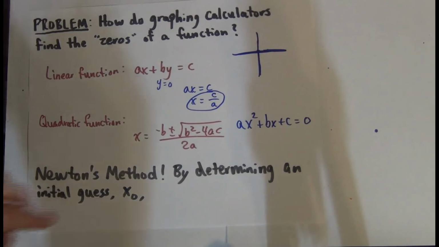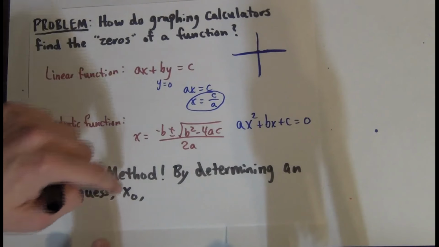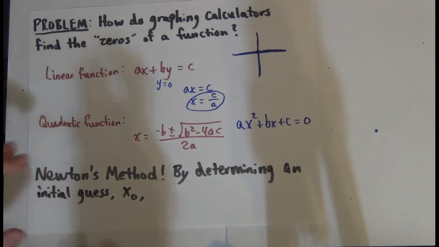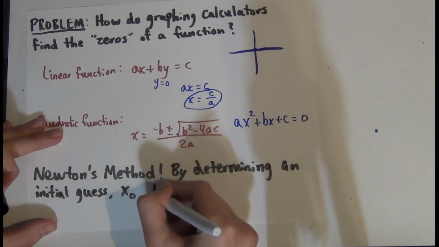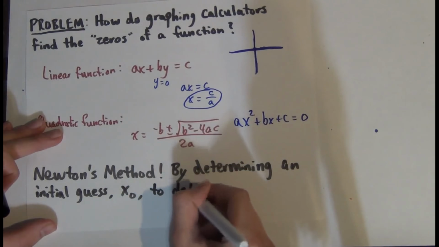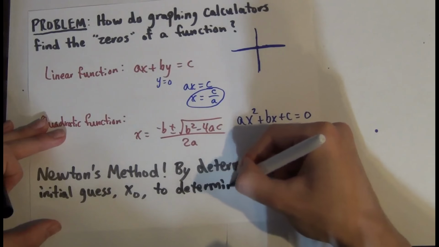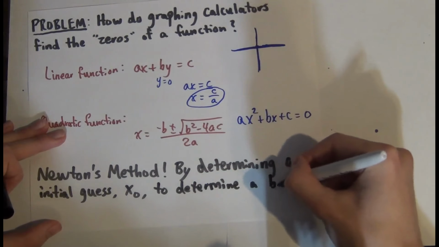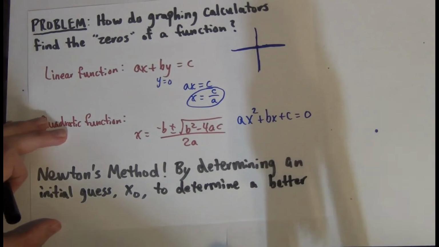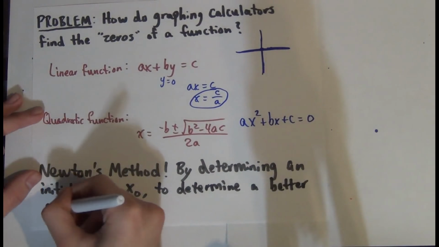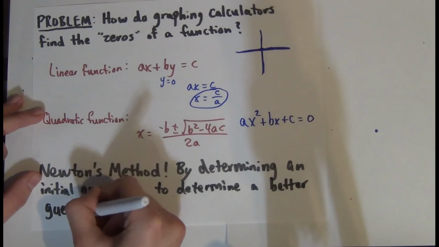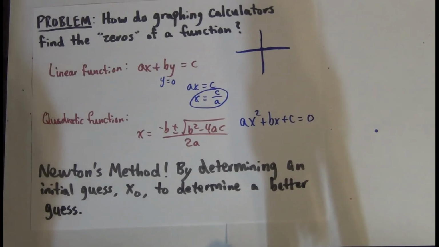It will be clear in just a few minutes when I show you a really nice picture, but you're going to use that initial guess, x naught, to determine a better guess. Technically, what I'm going to show you is all approximation, but you're going to find that this is a really, really good approximation, and graphing calculators do it all the time.